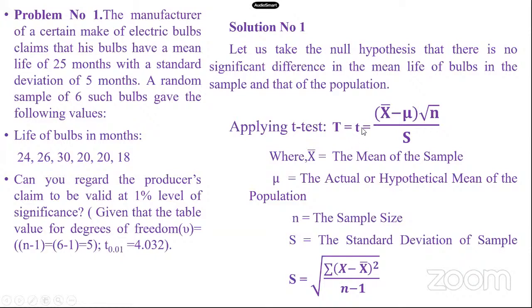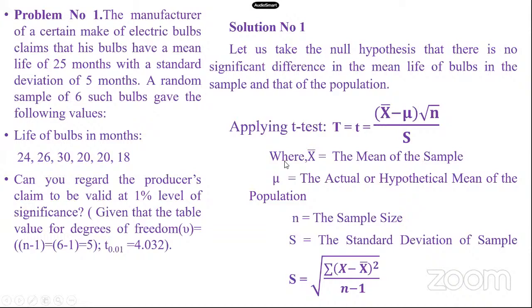So t is equal to x bar minus mu. X bar means the mean of the sample, mu means mean of the population, into root n means size of the sample, divided by s means standard deviation.